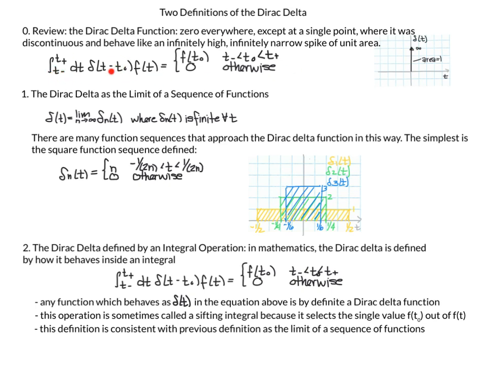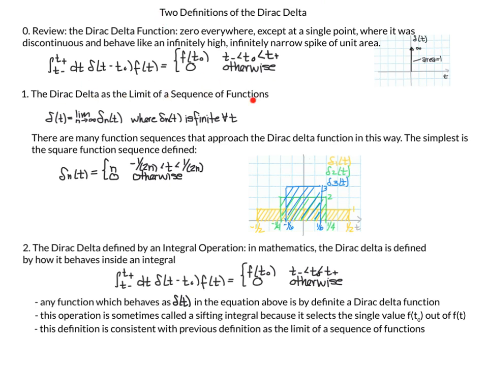If we are centered at t naught, then the integral with our function f of t will be equal to the function f of t naught if t naught is in our interval, and 0 otherwise.